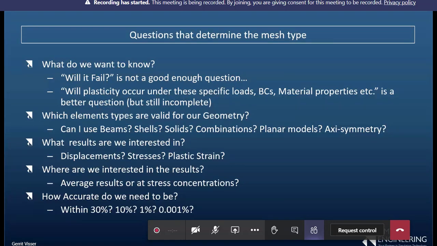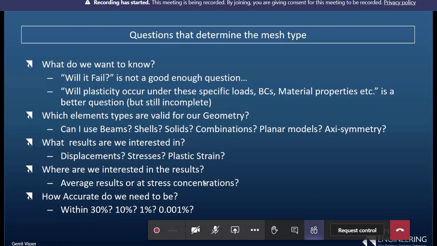If you need to go to something stupid like 0.001%, that'll be extreme cases of a very simple part where you're testing some new material model or something. But otherwise, we don't typically try to reach these kinds of levels. So I'd say for most models we're trying to reach somewhere in this range, I'd guess.